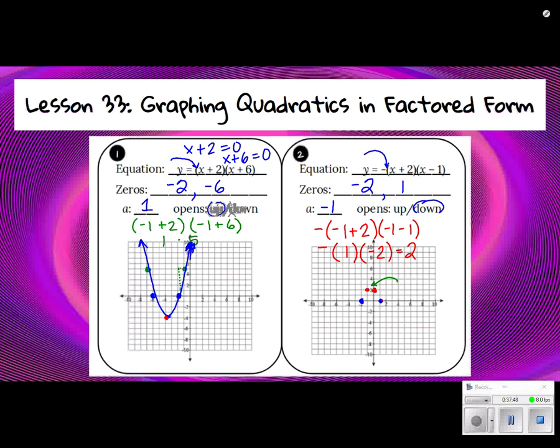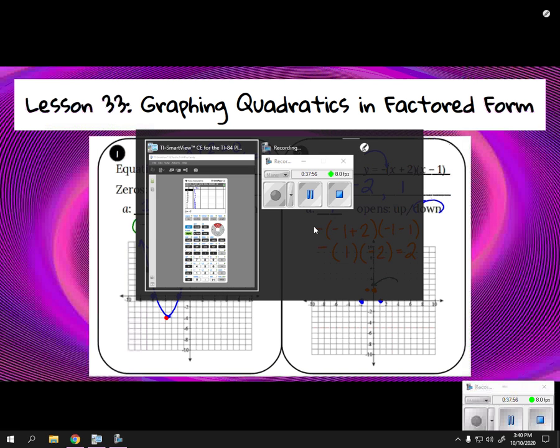It's probably halfway between 0 and -1. What's halfway between 0 and -1? -1/2. So let's try putting that in the calculator.